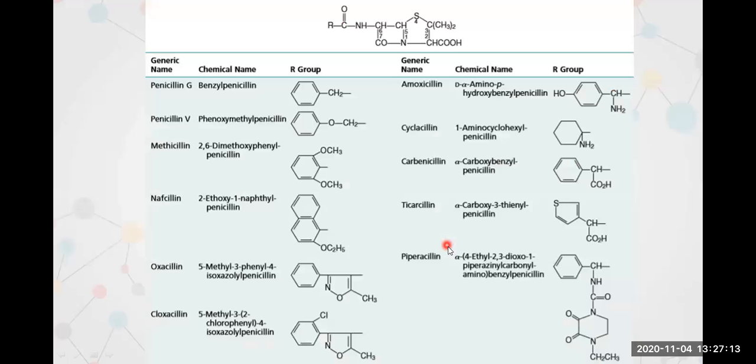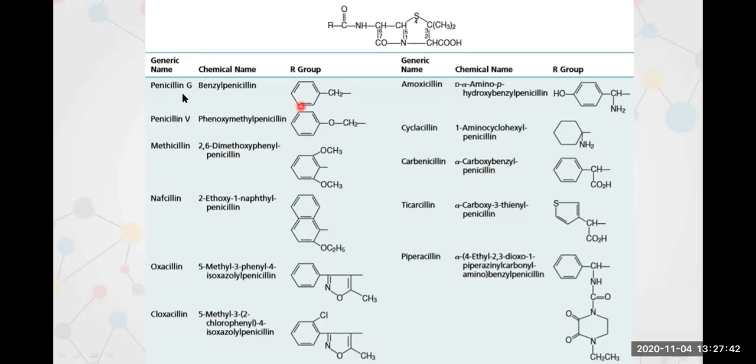So here it is shown how these penicillins can be named by chemical names, and also by their generic or common names by which the different drug formulations are available, and there are substitutions. Okay. So for example, just now in the previous slide we studied benzyl penicillin, where the benzyl group is attached at the R position.